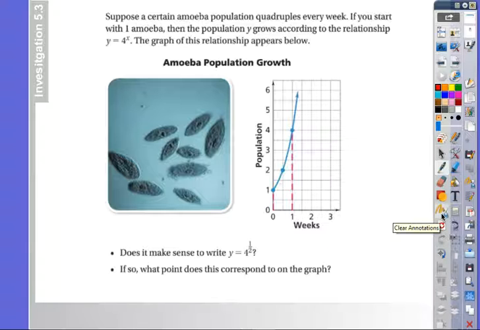Let's say we have 8, and we're taking it to the 1/3 power. What are we really trying to do here? The cube root. So what is 8 to the 1/3 power? It's 2. Because 2 times 2 times 2 is 8.